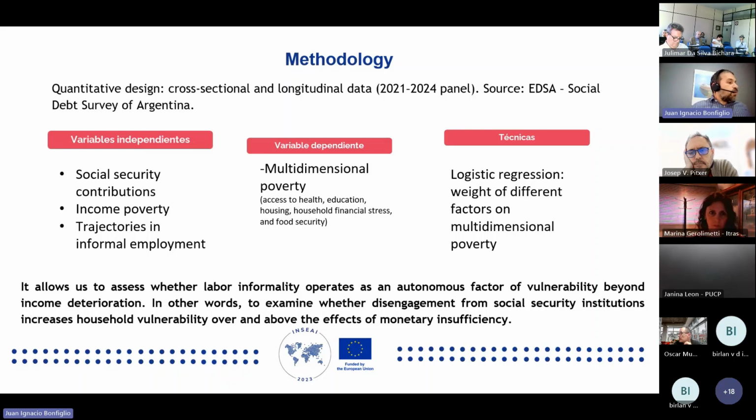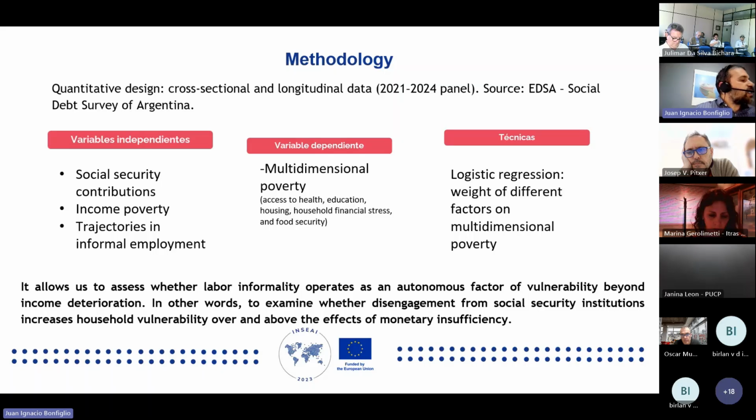A multidimensional poverty measure was developed to capture deprivation in non-monetary dimensions of well-being. The analysis follows a dual cut-off approach of the Alkire-Foster counting method. The selected dimensions include access to health, education, housing, financial stress, and food security.